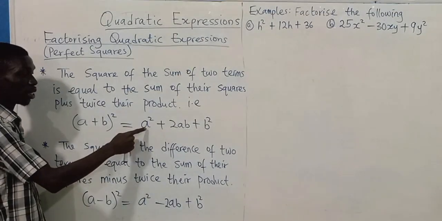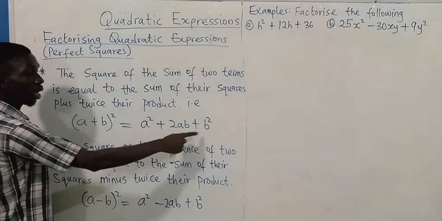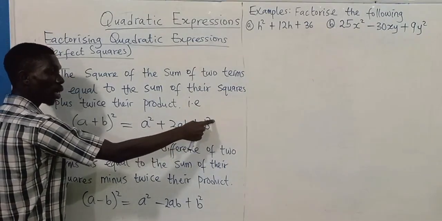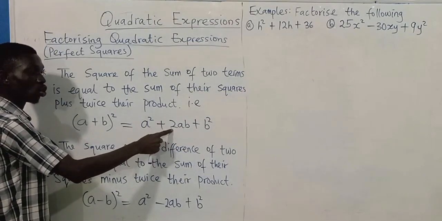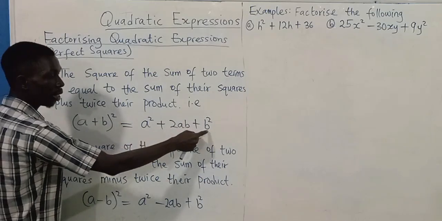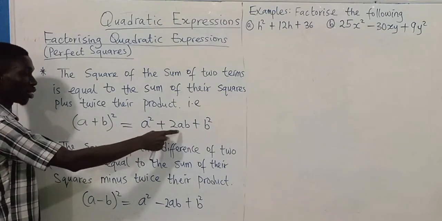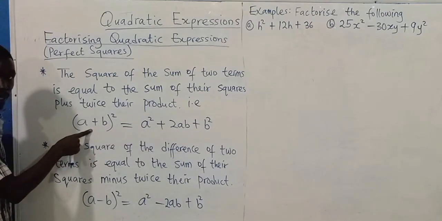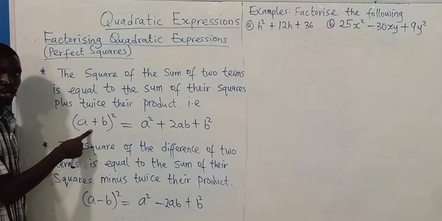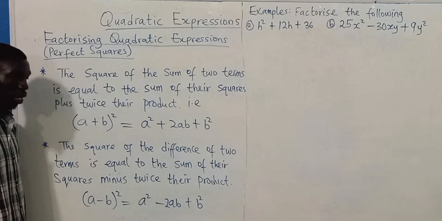So once you notice that the first term can be expressed as a square, and the last term can be expressed as a square, and the middle term is 2 times the first term and the last term, then you can just factorize it and get the result as this. We'll see some examples on the board shortly.